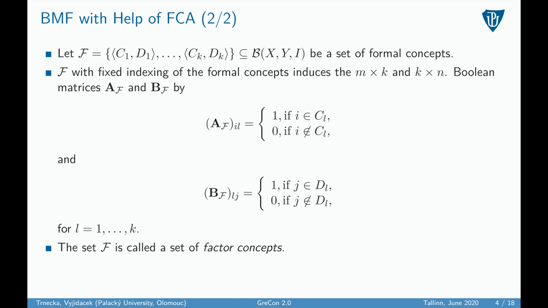Now let F be a set of formal concepts. If we add fixed indexing into F, this set induces Boolean matrices A_F and B_F, where A_F(i,l) is equal to 1 if i is in C_l, and 0 if i is not in C_l, and B_F(l,j) is equal to 1 if j is in D_l, and 0 if j is not in D_l.